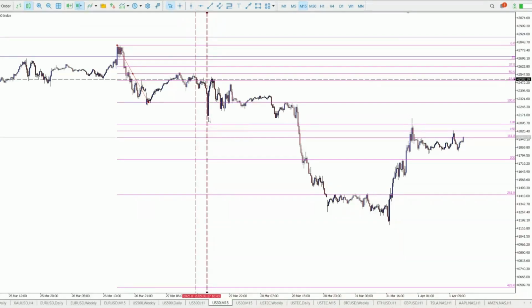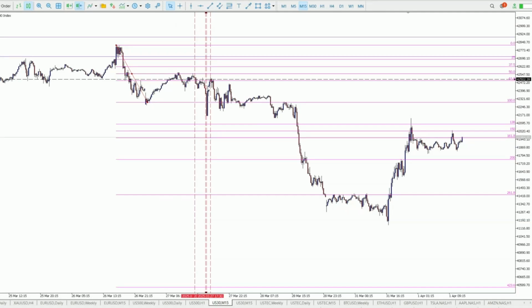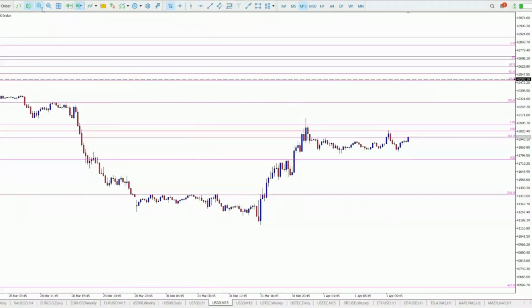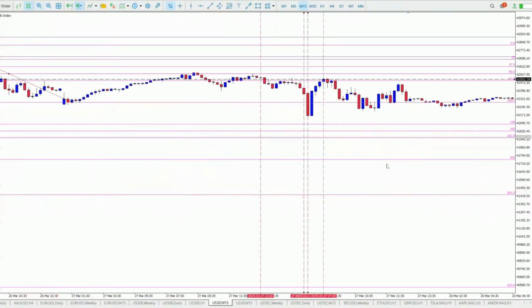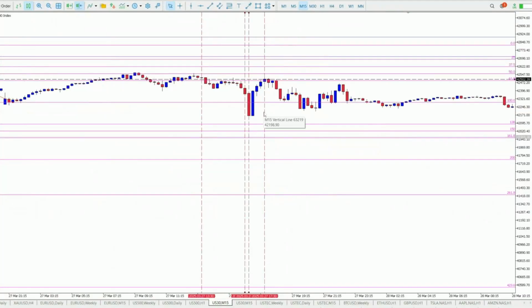So the market makes a low at 4:35, takes me up to 5:25. Let's see where 5:25 is. Why am I making this so hard on myself? Let's just make it bigger. Okay, so 5:25 is on this bar, and then I've got 5:55, which should be on that bar.